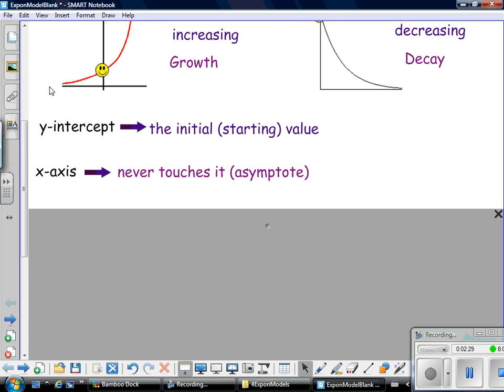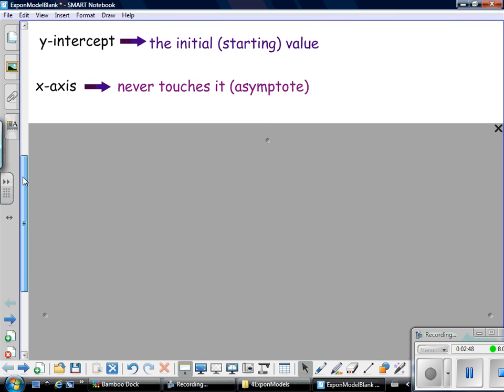Eventually, my calculator would give out because it would run out of small enough numbers, enough digits. The same is true for decay. It appears that it's going to touch the x-axis, but it never touches it. It goes to positive or negative infinity, and we call the x-axis an asymptote. Not that you have to remember the word asymptote.